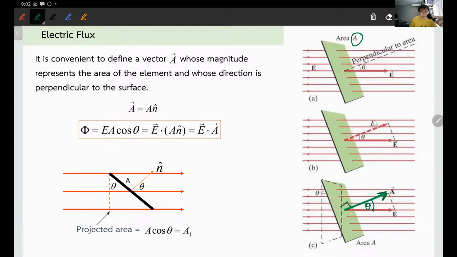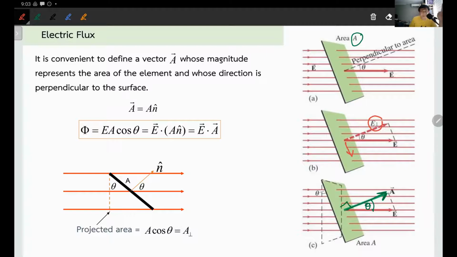So figure B was the first case that we did when we introduced the electric flux. What I can do, first choice, is break the E into two components: a vertical component and a horizontal component.